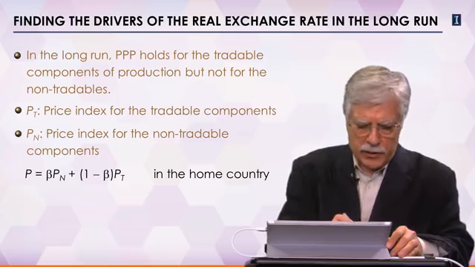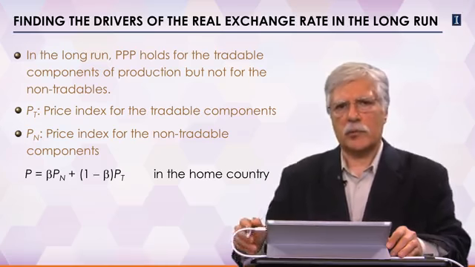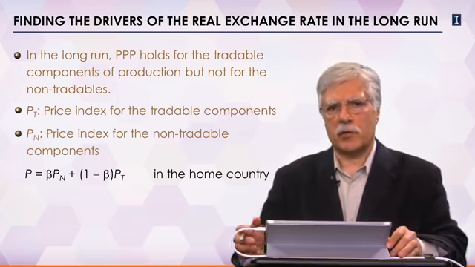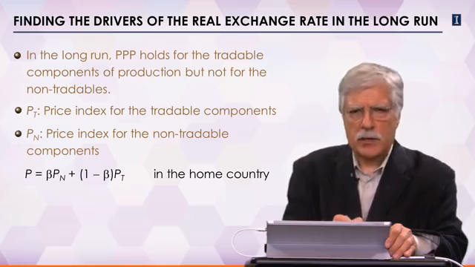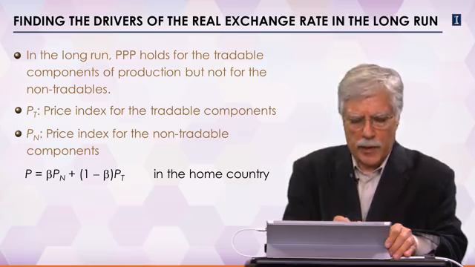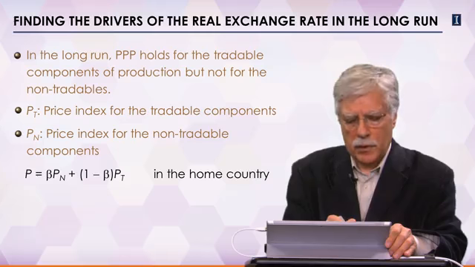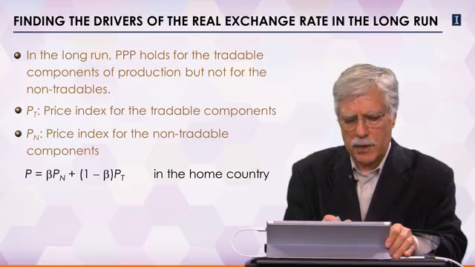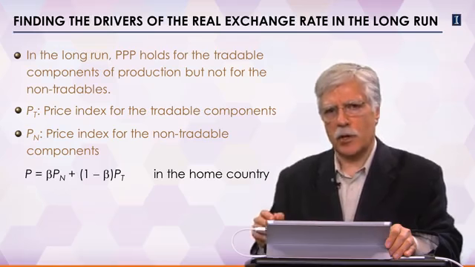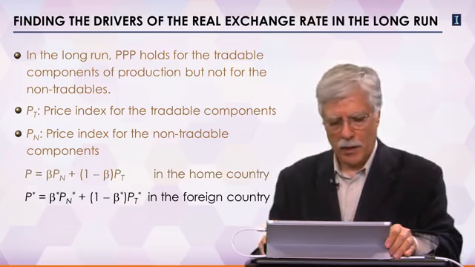And beta here is the share of non-tradables in the country's basket of goods. So P, the price of the basket of goods that we buy, is equal to beta, the share of non-tradables, times the price index for the non-tradables, plus 1 minus beta, which is the share of tradables in our basket of goods, times PT, which is the price index for the tradable parts.